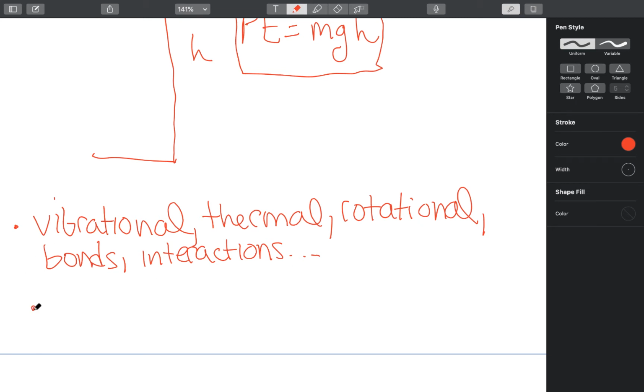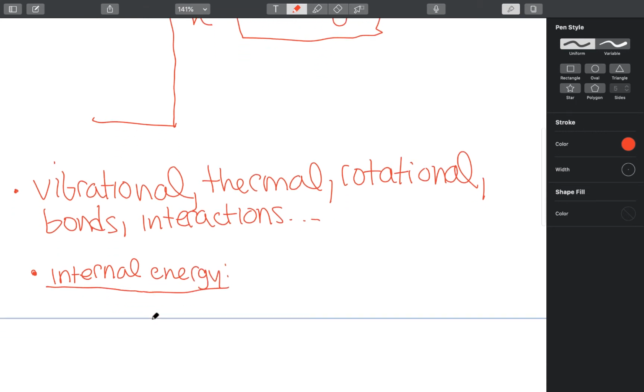And this group is the internal energy. So the internal energy. So what is the internal energy?